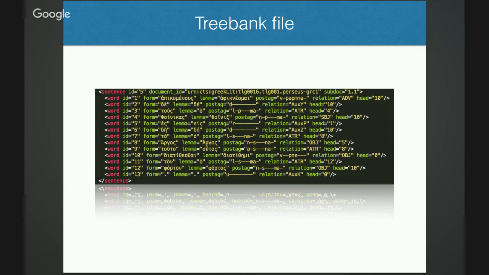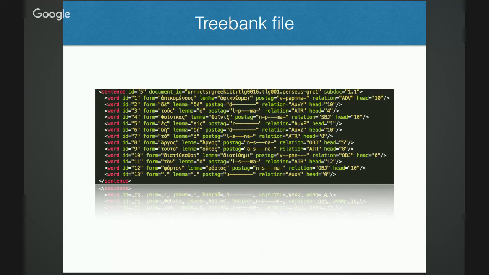And again, if we just focus on the first word, we decided, because this is just a matter of decision, to put the form of a word, which is the actual text we are trying to tree-bank, within the form attribute. Attribute is a technical term.